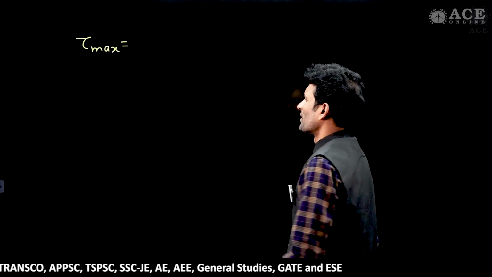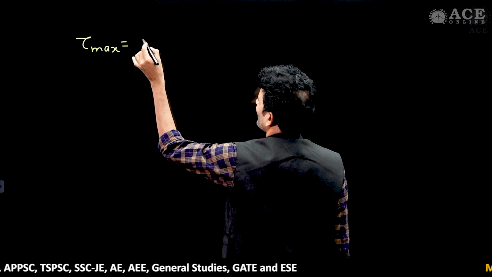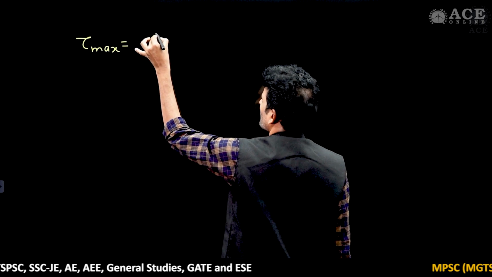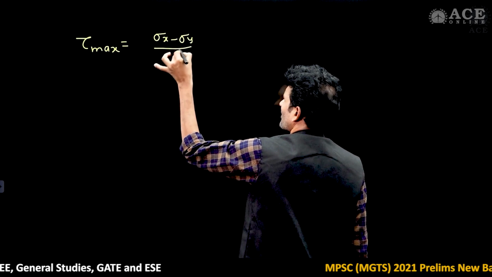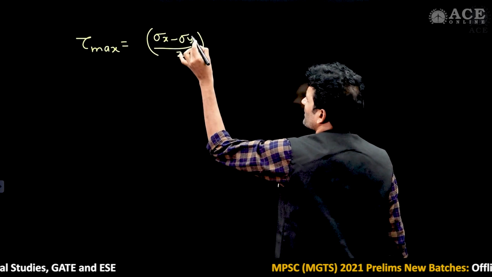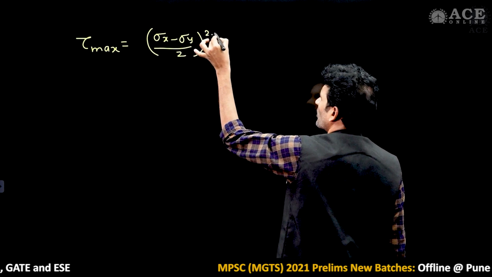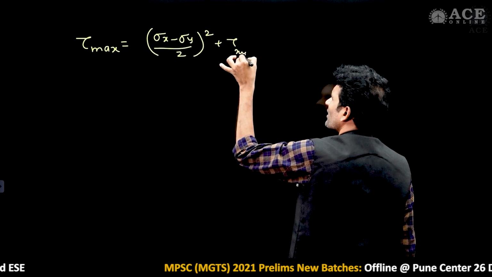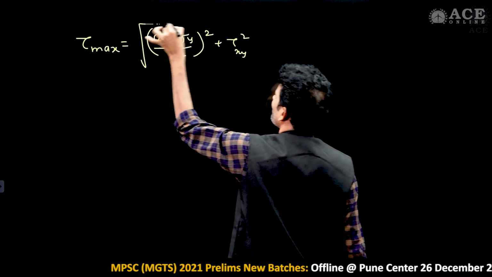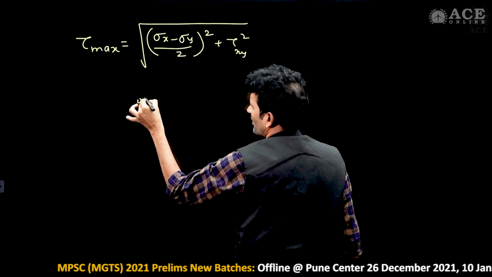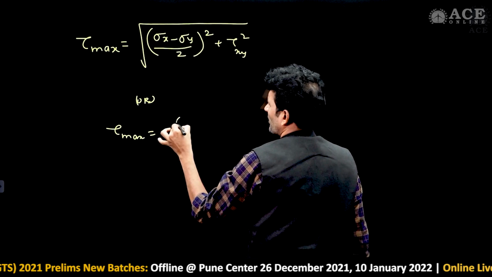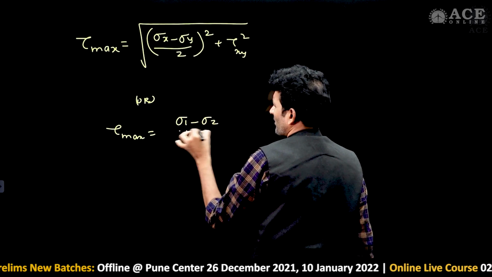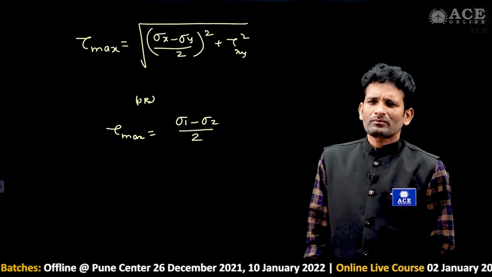I know here we can use any one of two formulas to find out the in-plane maximum shear stress, that is square root of sigma x minus sigma y divided by 2 whole square plus tau xy square. Or else in terms of principal stresses, tau max equal to sigma 1 minus sigma 2 divided by 2.